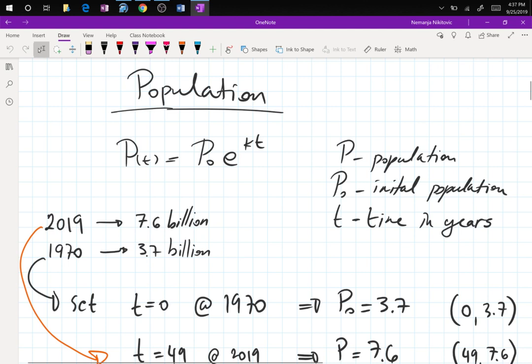So in the last 50 years, we doubled the population on the planet. Doubled. Right? Now take all of the deaths that are happening, and you see how much more births we have to double the population.